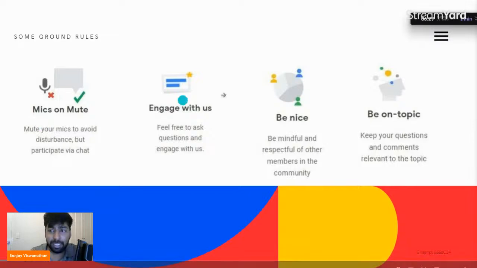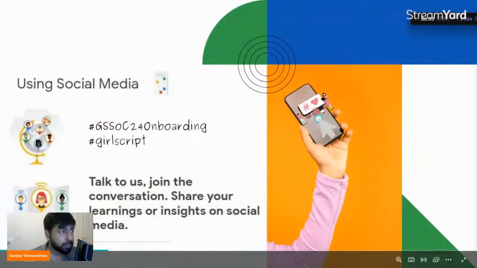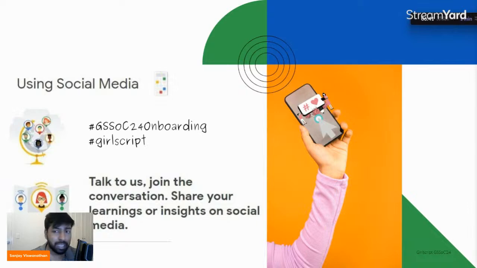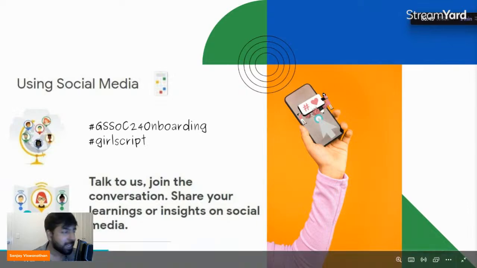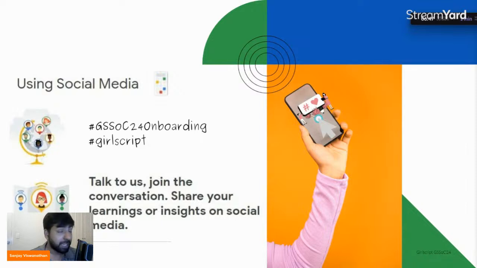So, a few things: be on topic, and I will be introducing our team later in the session. If you want to post anything on social media, you can take a screenshot in between and tag Girl Script GSOC24 for onboarding. The reason this is important is that it's all about personal branding.